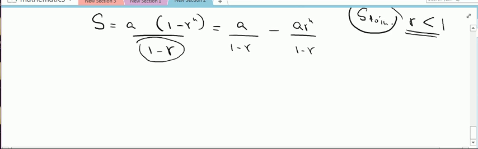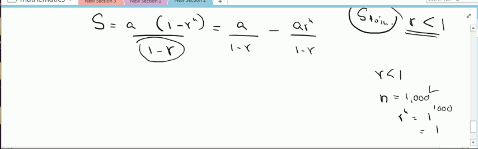Now how can I calculate the sum to infinity over here? If r is less than 1 and let's say n is 1000. By 1000 I mean that n becomes very large. So r power n, or 1 power 1000, will become 1.